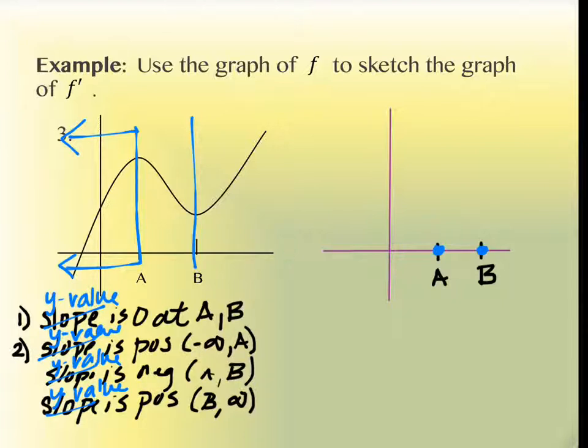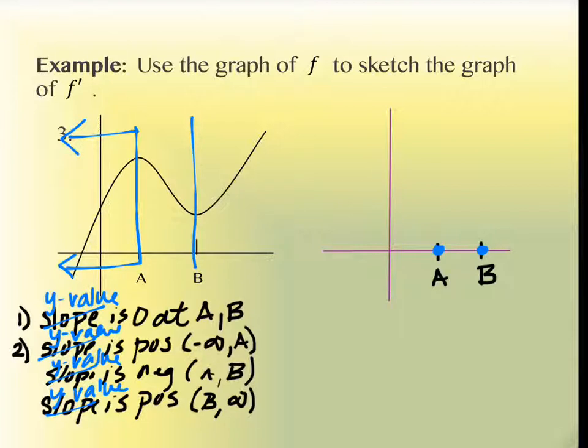All right, the second one, the first piece of the second one says the y value is positive in front of the value a, to the left of the value a. What does it look like to have a positive y value? Not slope, y value. It's what? Above the x-axis, right? Positive y values are above the x-axis, negative y values are below.